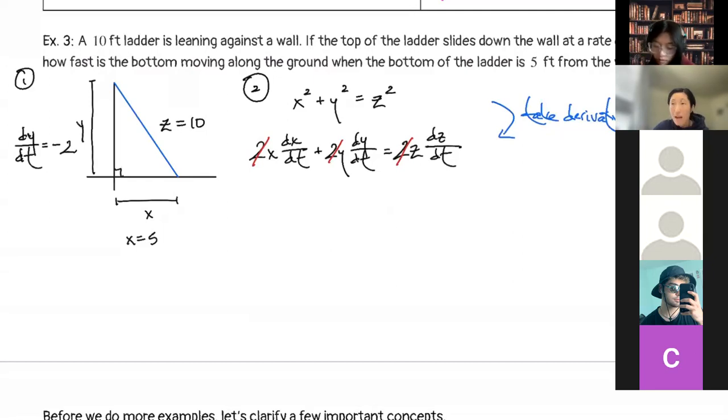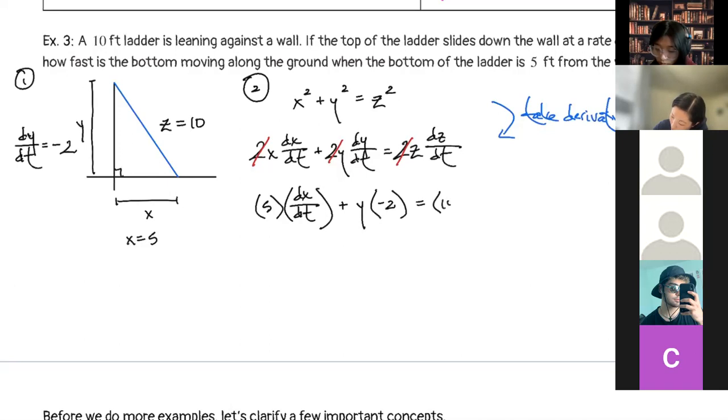All right, so now let's substitute in what we have. So I have x. In place of x, I'm going to put 5. I don't know dx dt, so I'm going to write dx dt. Plus, I don't have a value for y, but I know that dy dt is -2. I know that z is 10.